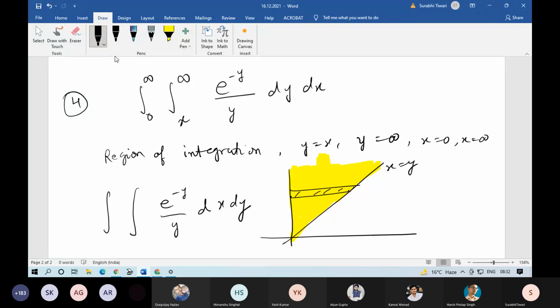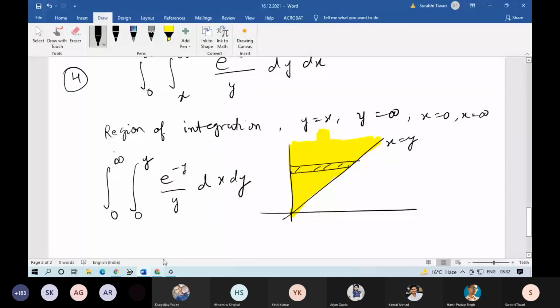So x is varying from x is equal to 0 to x is equal to y, and y is varying from 0 to infinity. वैल्यू निकाल लो। This is equal to 1.